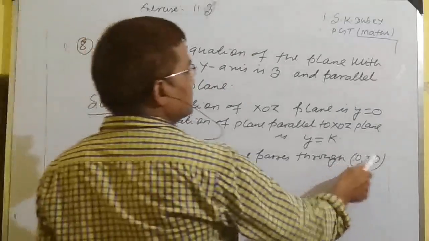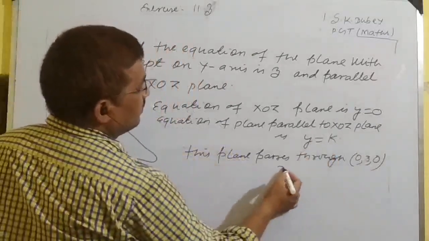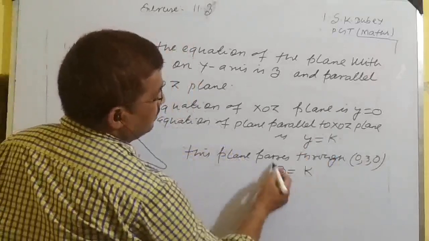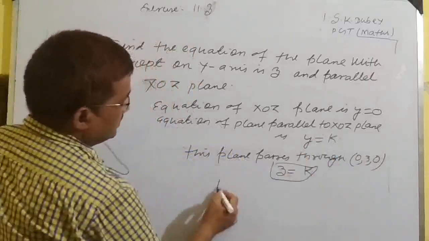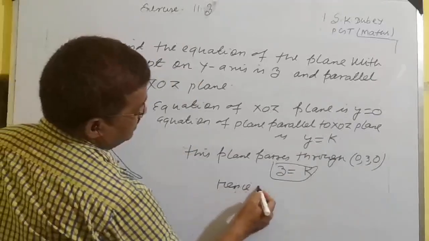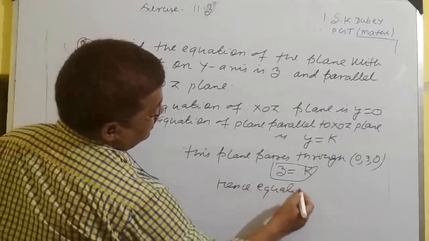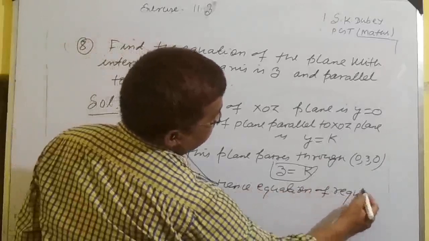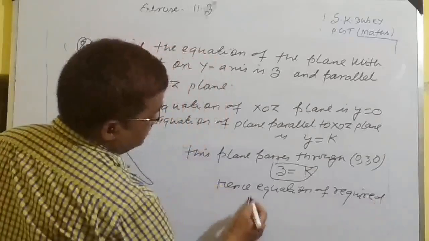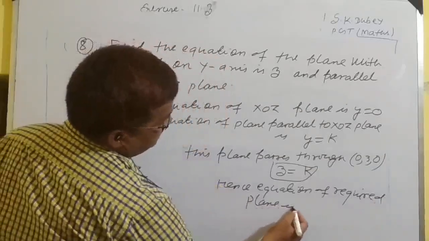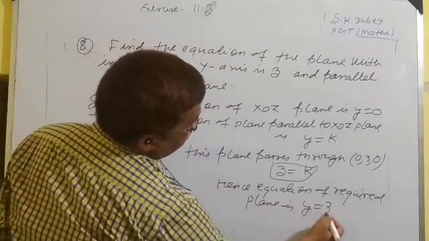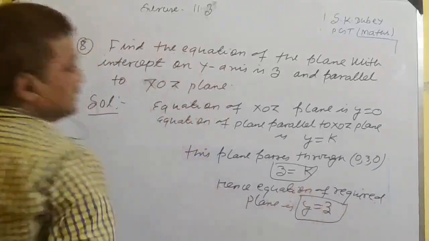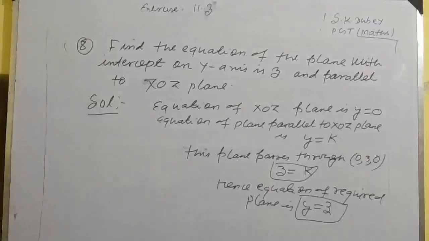By putting this point in this plane, we can get k equal to 3. Hence, the equation of the required plane is y equal to 3. This is the required plane.